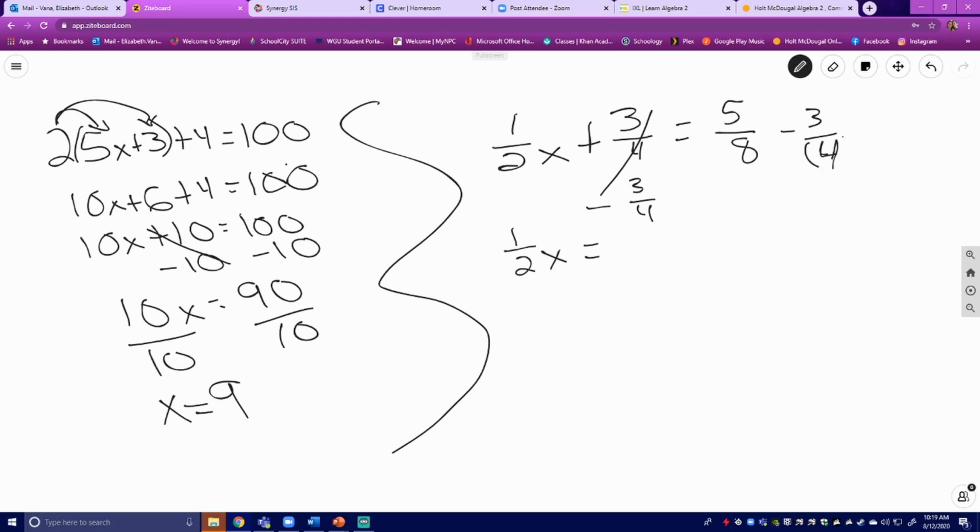I'd have to multiply the 4 by 2. In order to keep this equivalent, I'd also have to multiply the top by 2. So now I have 5/8 minus 6/8. 5 minus 6 is negative 1. The denominator stays the same. Negative 1/8.